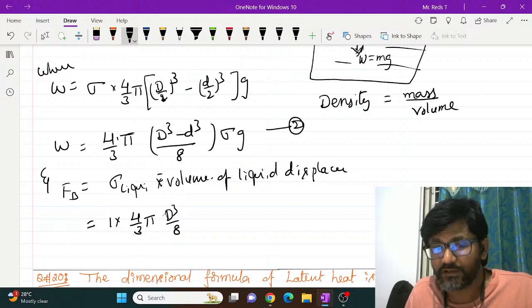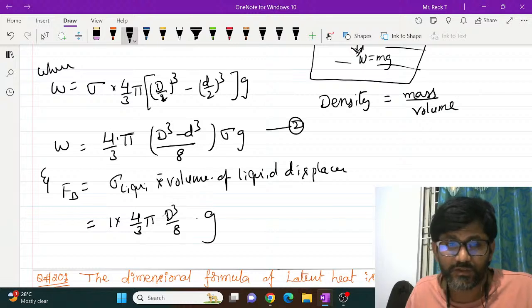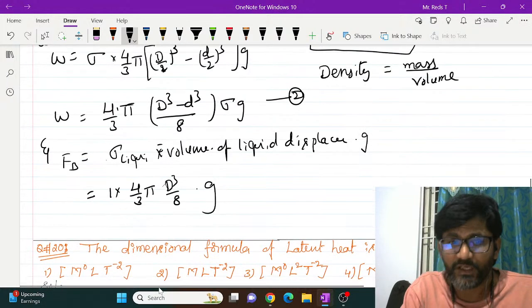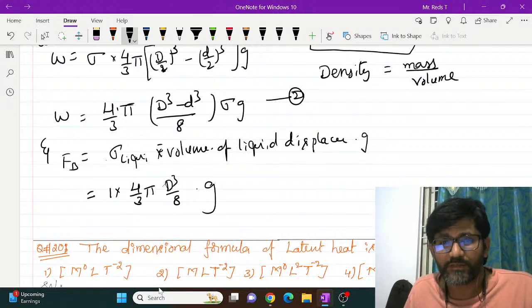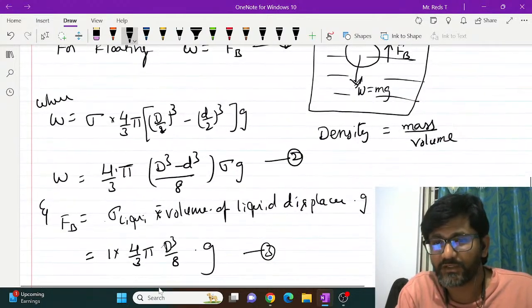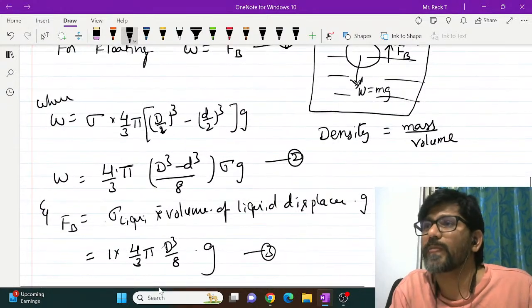Into g, because density into volume gives mass, and into g will be the buoyant force Fb. So this is equation 3. Now 2 and 3 are substituted in equation 1, because when the sphere is floating, these two should be equal.